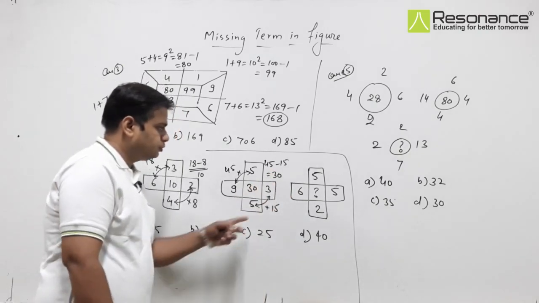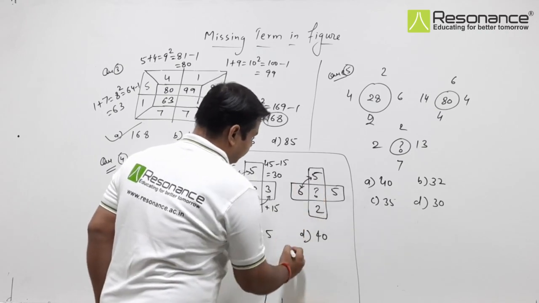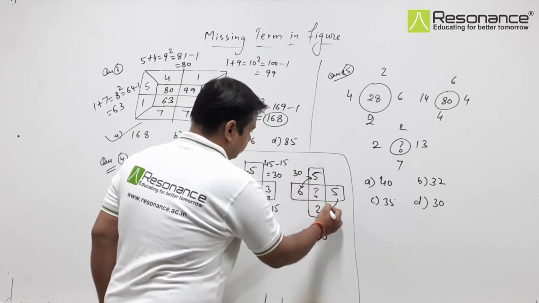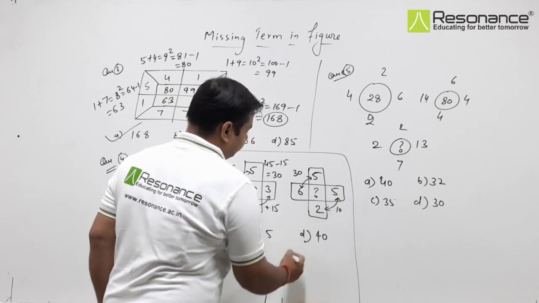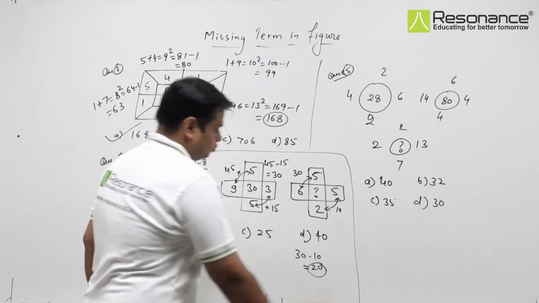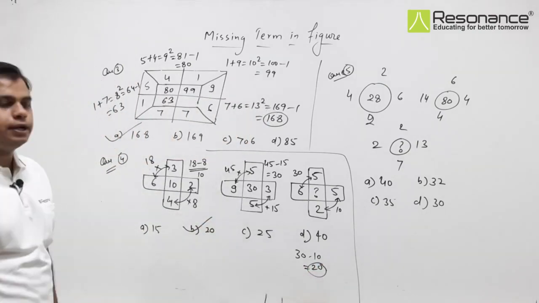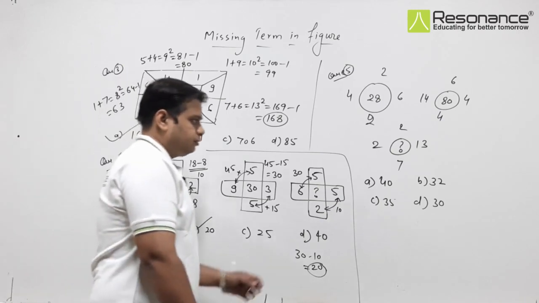So we have to do the product of 6 and 5 which is 30, and the product of 5 and 2 which is 10, and 30 minus 10 is 20. 20 is the correct answer.